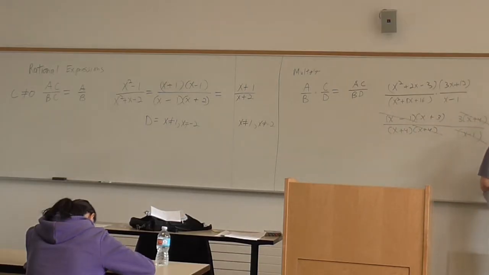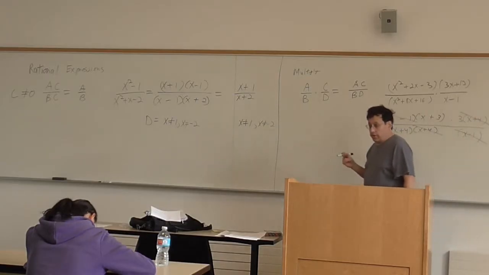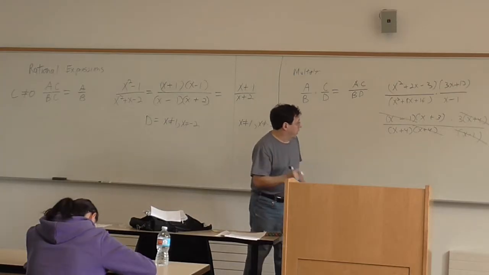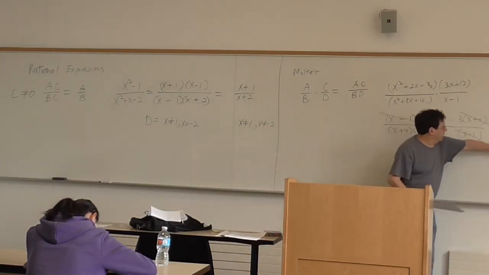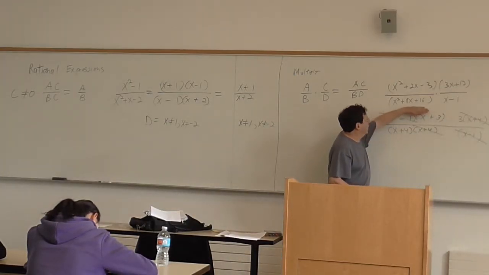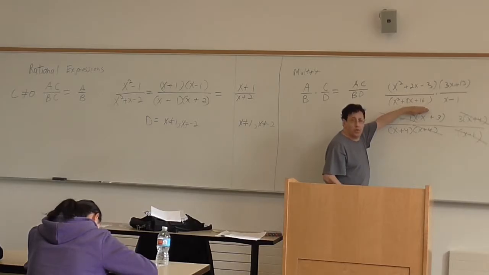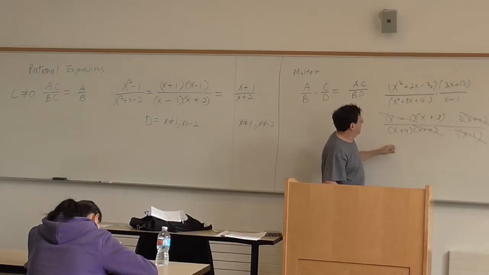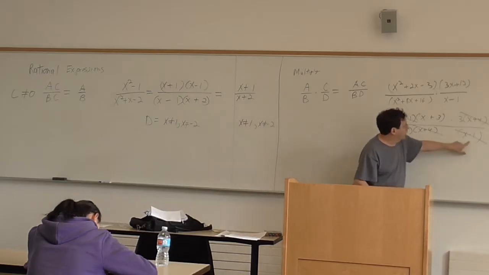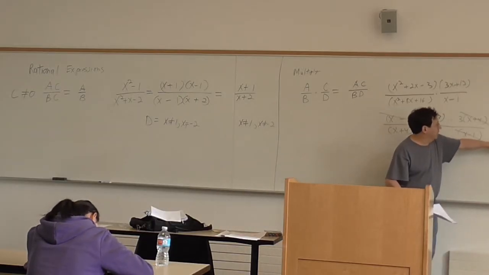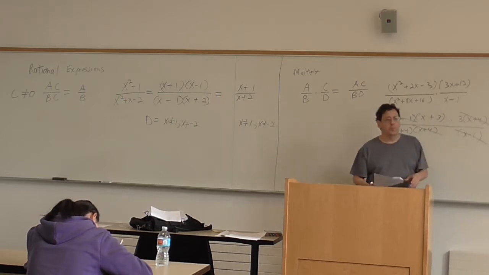So simplify, this is x plus 3 over x plus 4. Again, with the caveat that the domain of this has not changed from this. And what are the bad values in the domain that we don't want here? Minus 4 and 1. You won't see that here, but you'll have to keep that in mind.